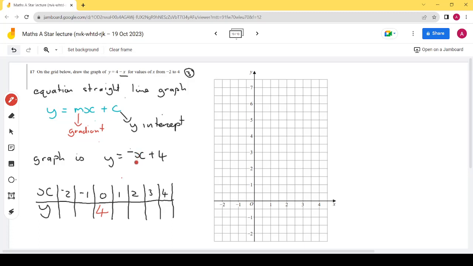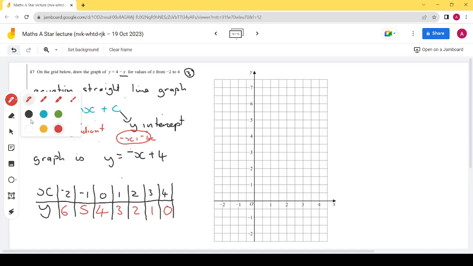The minus x just means minus 1 x, and what that means is for every time x goes up 1, y will go down 1. So if x equals 1, y will equal 3. We're going to go down 1 each time. In the other direction, we'll go up 1.